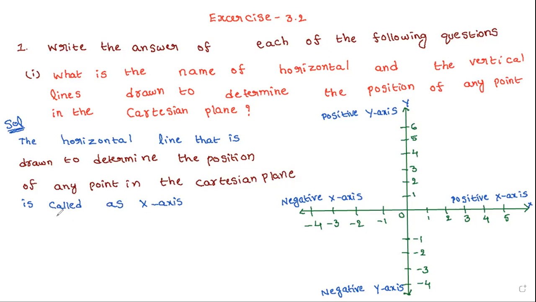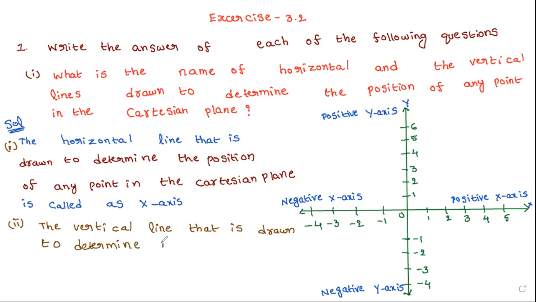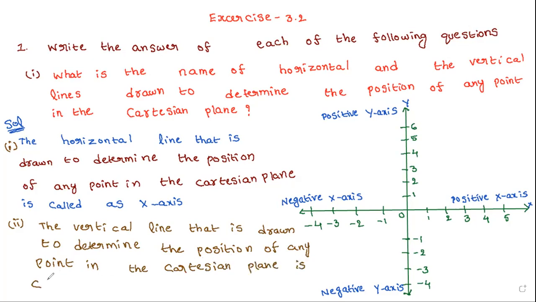Next, the vertical line that is drawn to determine the position of any point in the Cartesian plane is called the y-axis.